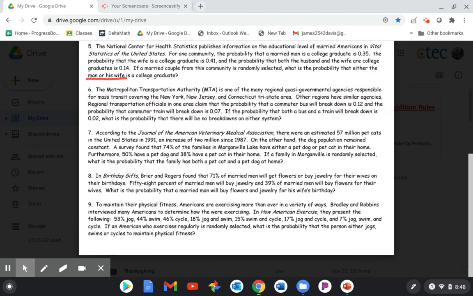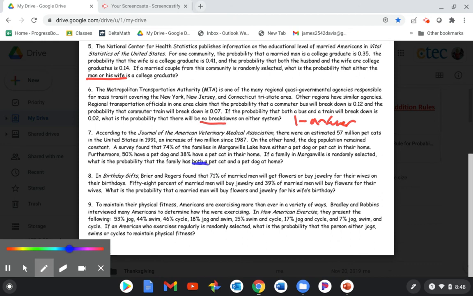Number 6 is the probability of no breakdowns. So this is going to be like we did, 1 minus your answer. You're going to calculate it like normal, and then you have to do 1 minus that. And then 7 and 8, these are like the last problem we just did, where you're trying to find the probability of both.